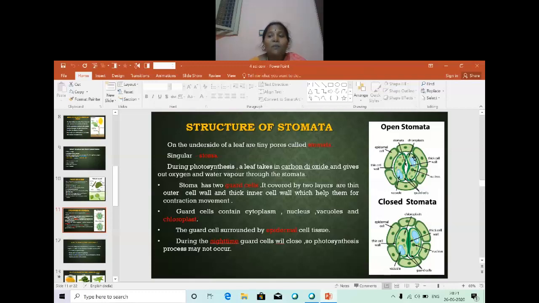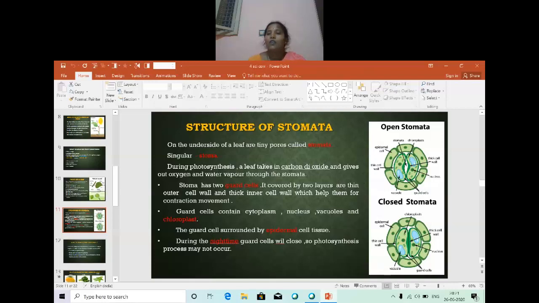This empty space gives pressure to the guard cells. During the photosynthesis daytime, it gives pressure, it relaxes, so that's why the guard cells can open. So clear? The guard cells are surrounded by epidermis.